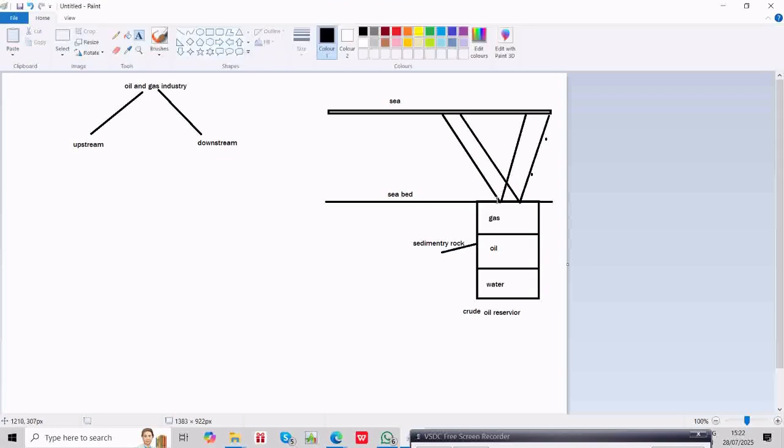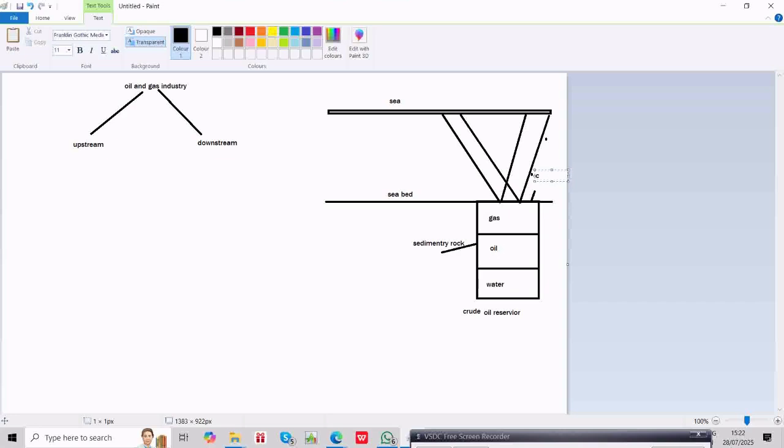And at the top, this is called the cap rock. So basically it is a structure of a bottle. A bottle has a body and at the top it has a cap. So it is a bottle which stores water, oil and gas, correct.